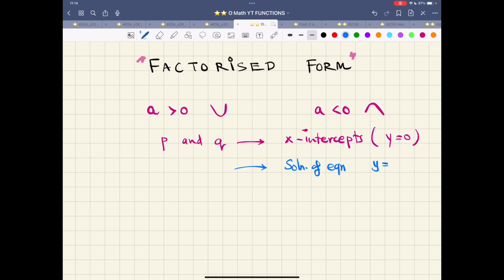Because when you make y equals 0, you get x is something, this x over here is p, this x over here is q. So that's the solution of equation. And last but not the least, they are also known as roots of equation, which means the x-intercept, which means the solution. So there are three ways of calling these names.